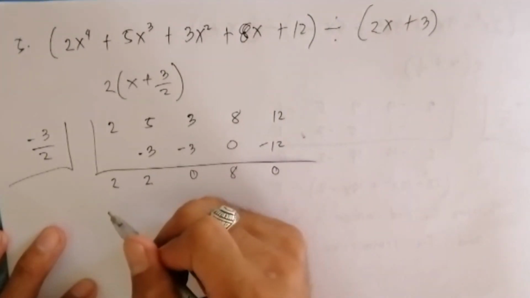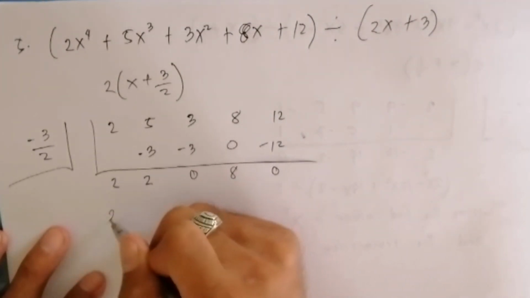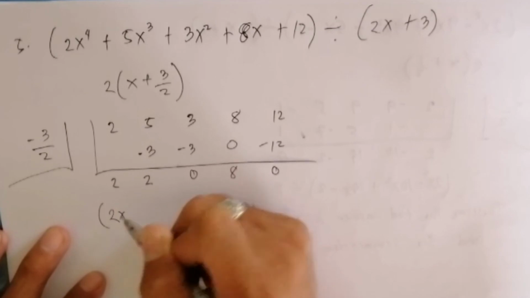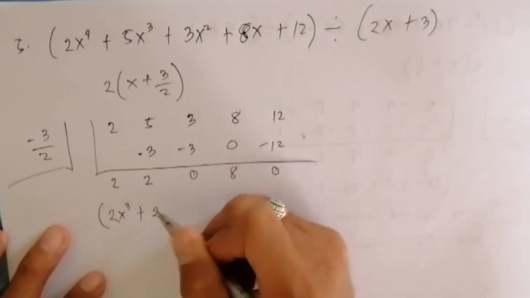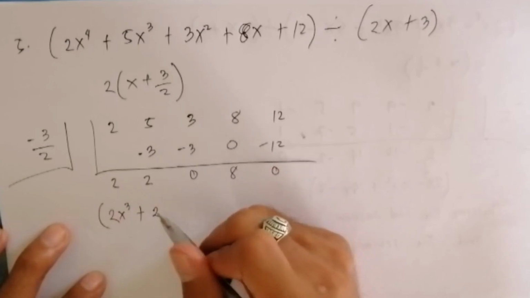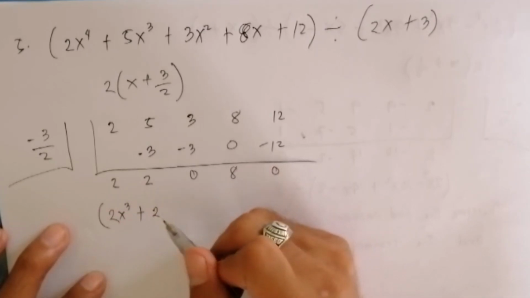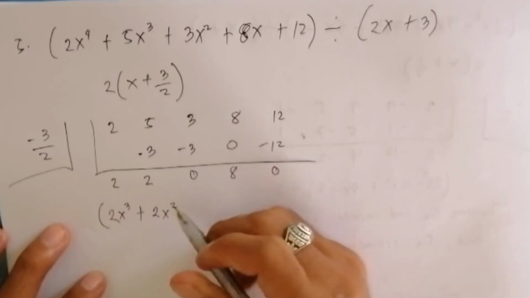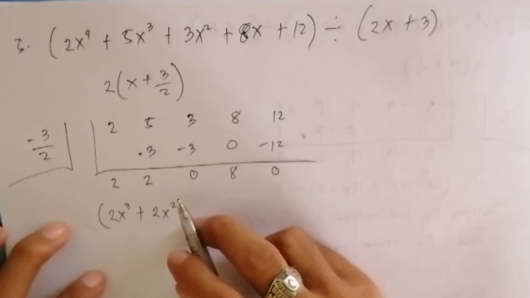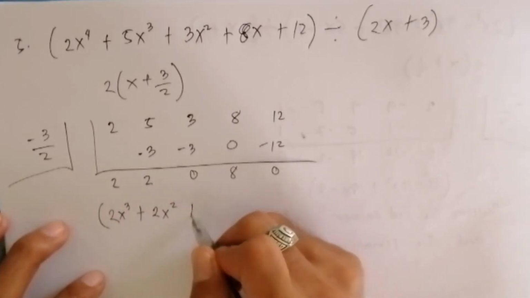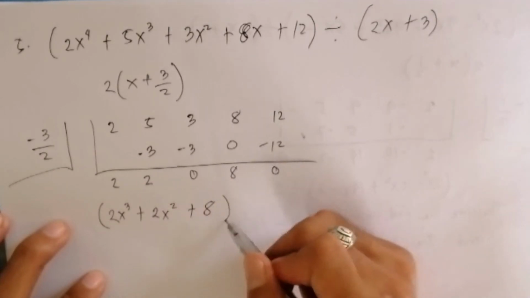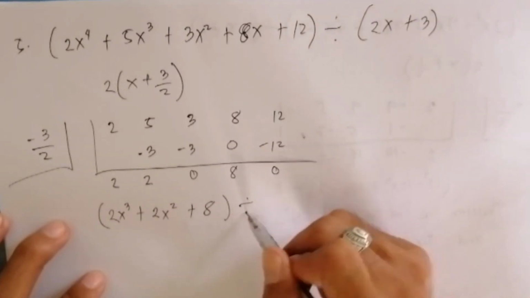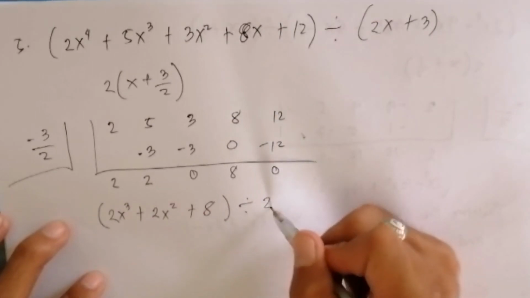We have 2x cubed plus 2x squared, then 0, so no need to write that. Proceed to the constant 8, then divided by this 2.